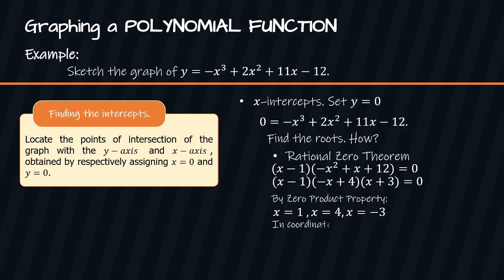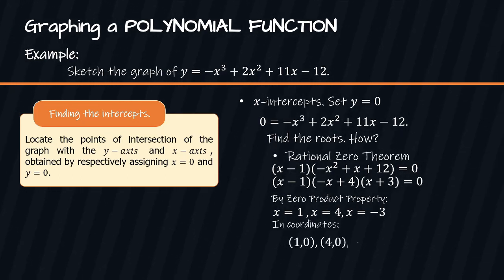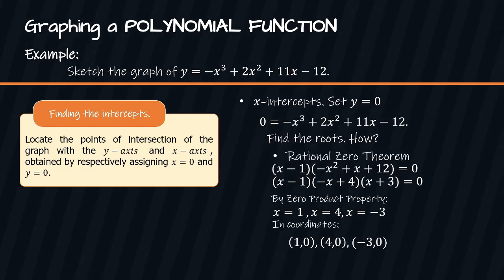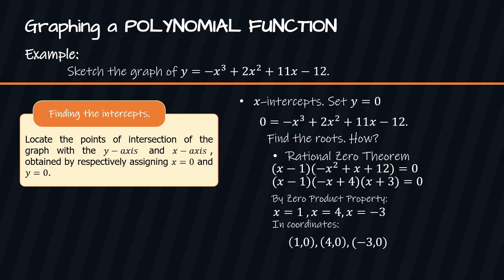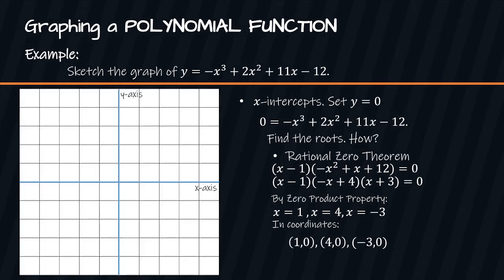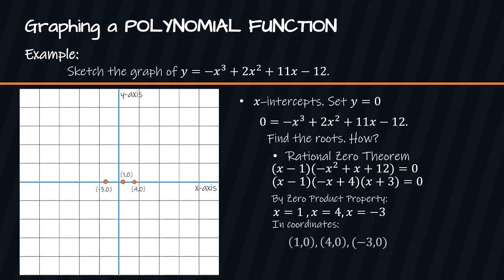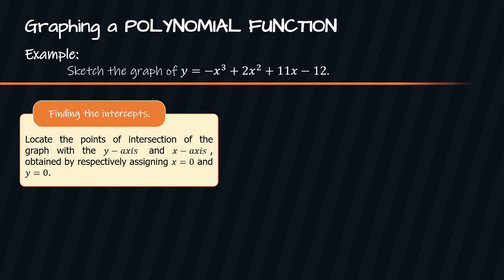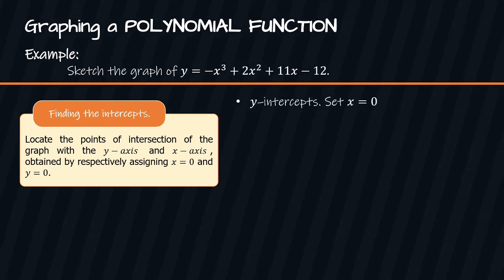In coordinates, these are (1, 0), (4, 0), and (-3, 0). Now we plot the coordinates in our xy plane. We now proceed with our y-intercepts.